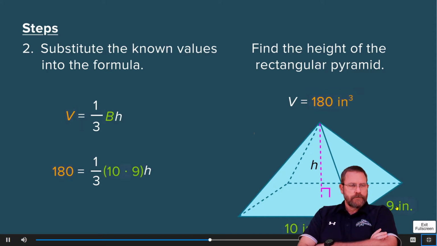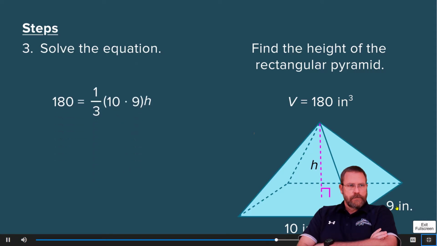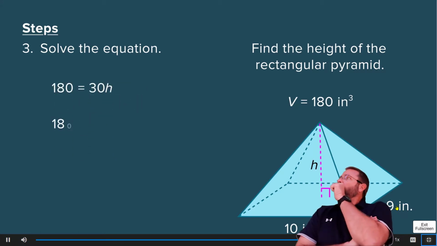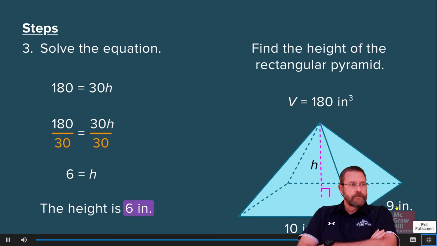The base is a rectangle, so the base area equals length times width, or 10 times 9. Finally, solve the equation for the missing dimension. Start by simplifying. Then use properties of equality to solve for the remaining variable. The height of the pyramid is 6 inches.